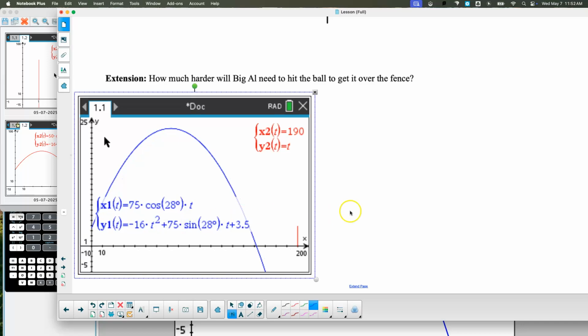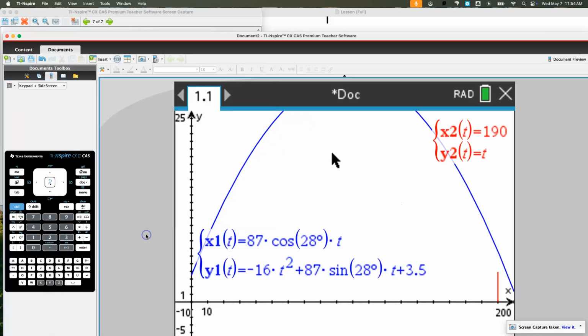So now the extension question is, do we have enough time? Well, we got plenty of time. Increase your 75 to see how fast you would have had to hit it in order to clear the fence. So 87, he hits a home run.